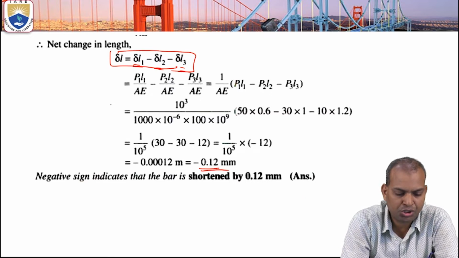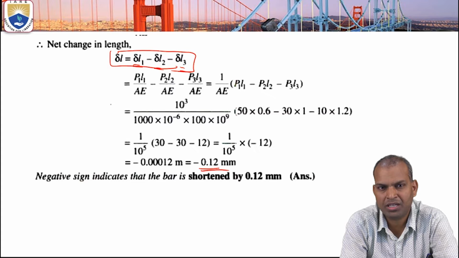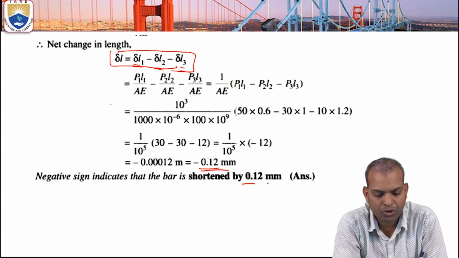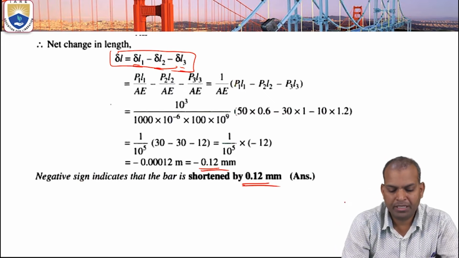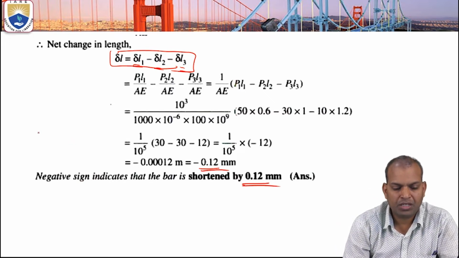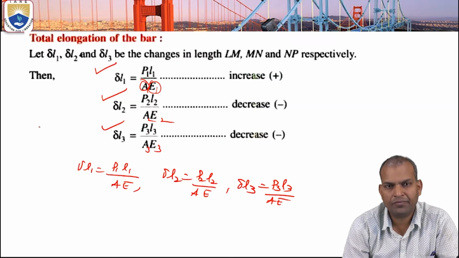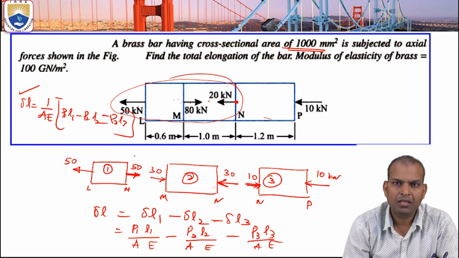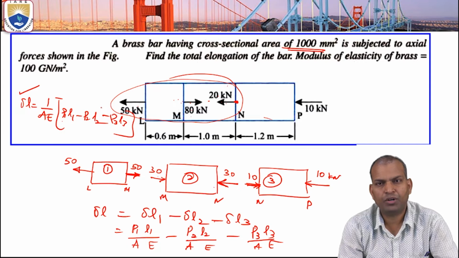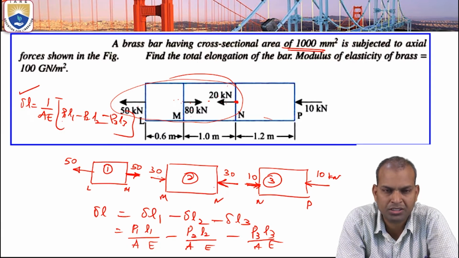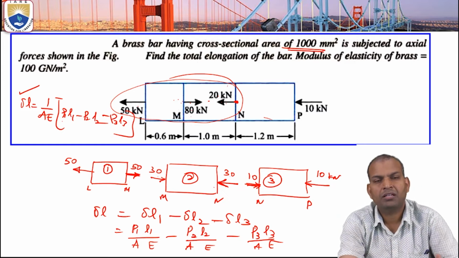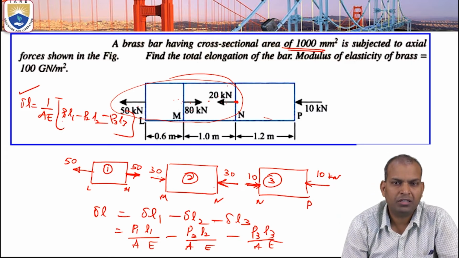That means it is shortened. There is no elongation. The negative sign means it is shortened by 0.12 millimeters under the application of this load, for a cross section of 1000 square millimeters, when the loads applied are 50 kilonewtons, 80, 20 and 10, for lengths of 0.6 meters, 1 meter and 1.2 meters, for a material of brass having a modulus of elasticity of 100 gigapascals.